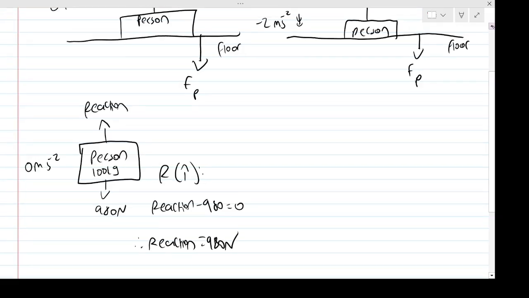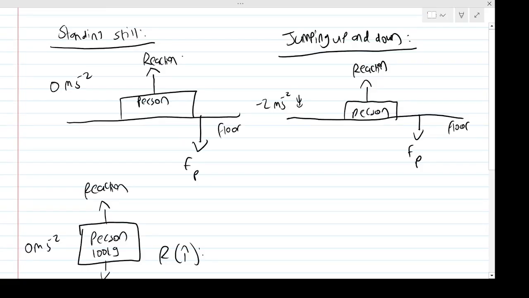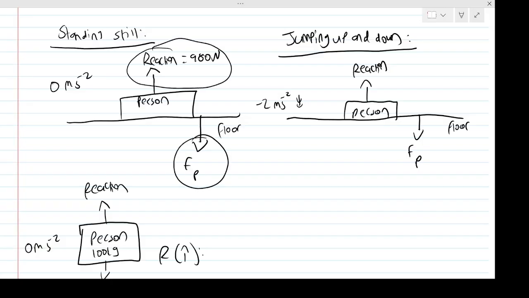So if I add that on, that's 980 newtons. And because of Newton's third law, because these two are contact forces due to them being in contact, they're equal and opposite. So the force created by the floor is the same as the force created by the person, which is 980 as well, but in opposite directions.